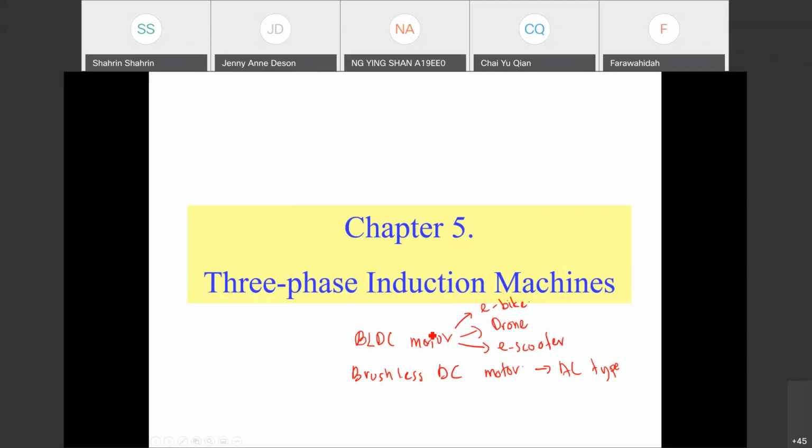And one very simple type of BLDC motor is actually your CPU fan. Your CPU, for example, your Intel, your AMD Ryzen and so on, has a fan to cool down the temperature. So that fan is actually a BLDC motor.